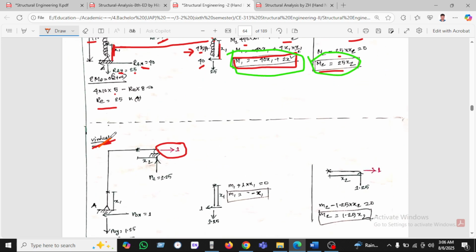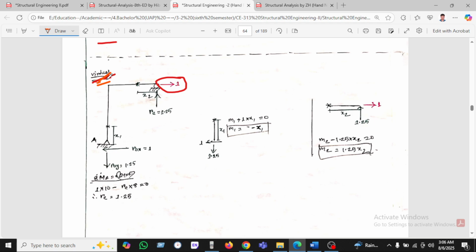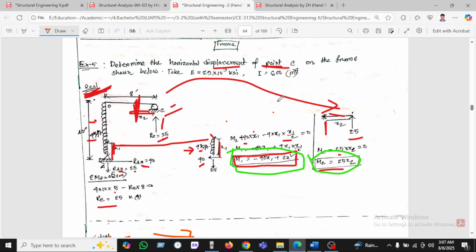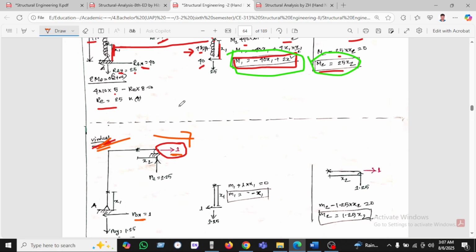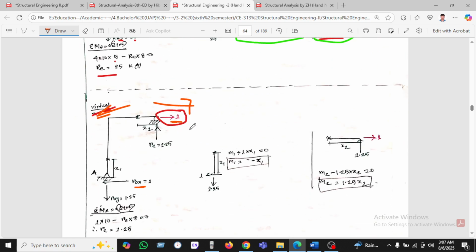Now we can see the virtual frame. Now we consider a small m. As we know, this is the m1. We have applied a 1 kip load from left to right, as the question asks for the horizontal displacement at point C. For the equilibrium condition, if the load goes left to right, the reaction goes right to left.